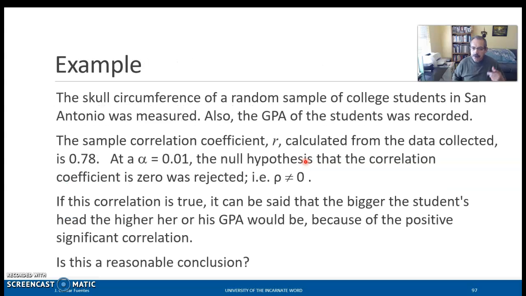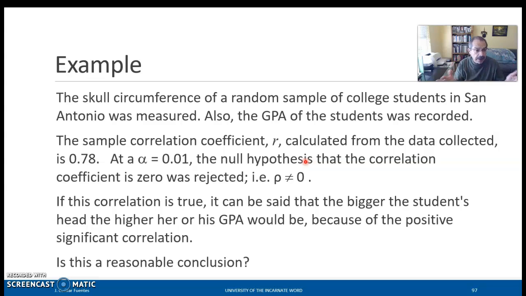As an example, I got this idea a long time ago when I was doing a project with students at UIW, and I asked them to measure their head circumference, and then I asked them to give me their GPA.